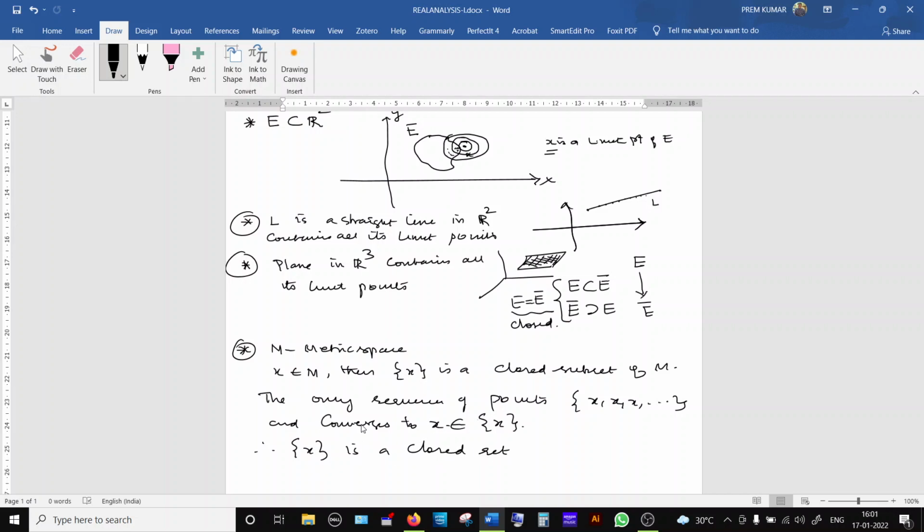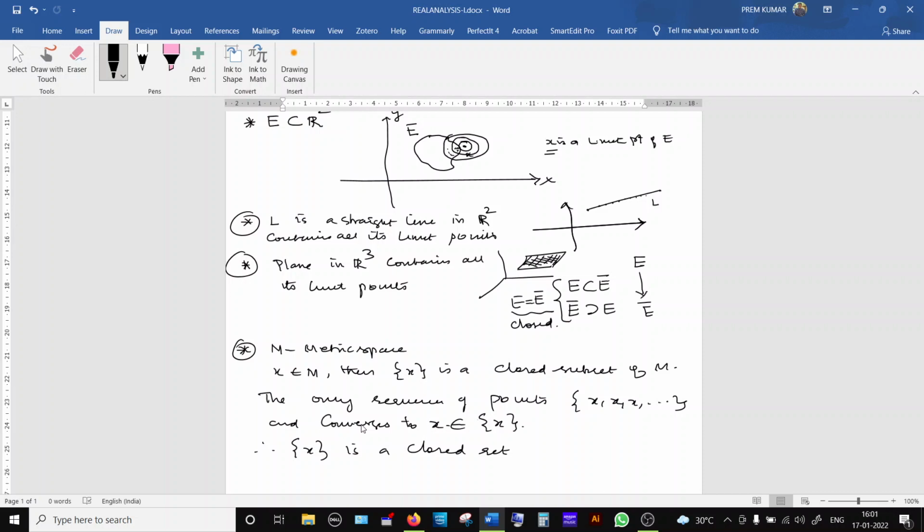So in any metric space, whether it is the real line or R^d or anything, singleton sets are always closed. If they ask for the proof, this is the proof. The only sequence available in a singleton set is x, x, x, and definitely this sequence converges to a point x, but this x is already in the singleton set.